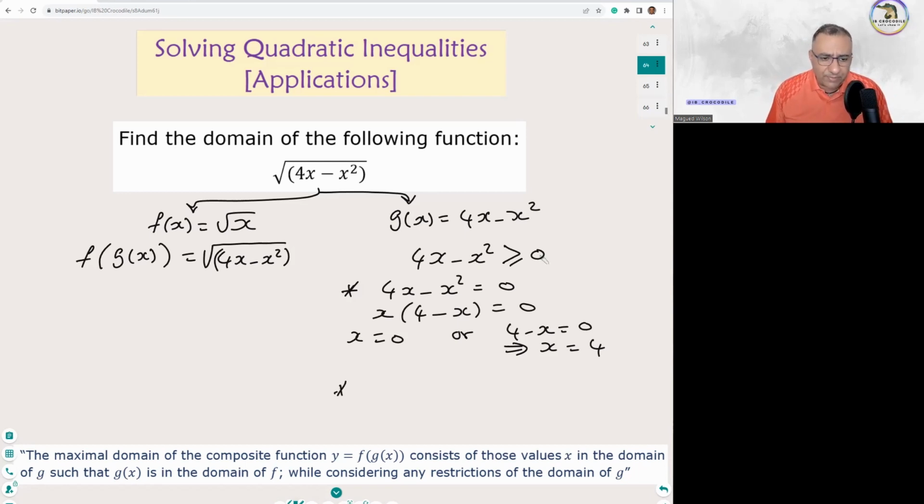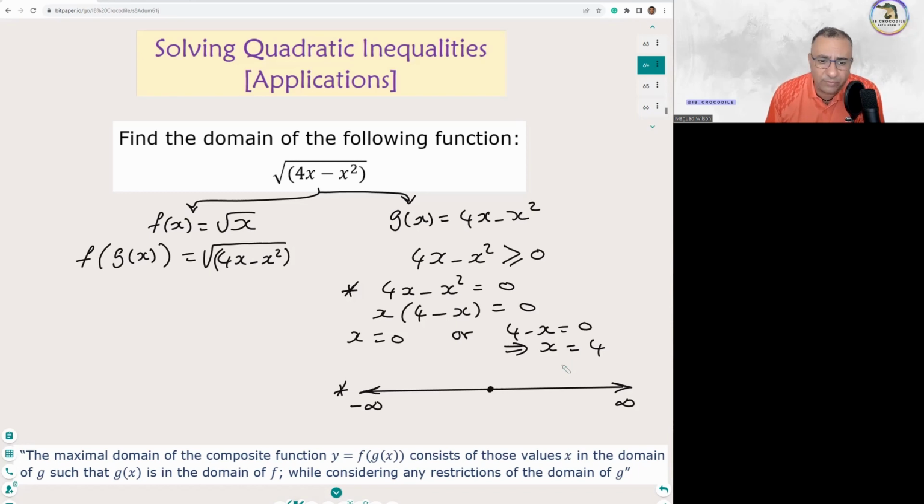Now, the third step is to draw the number line. Let's sketch the number line and put the critical values on it. Here, the critical values are just the zeros of the inequality, so we put 0 and 4. Since we have the symbol or equal, these numbers are included in the solution.